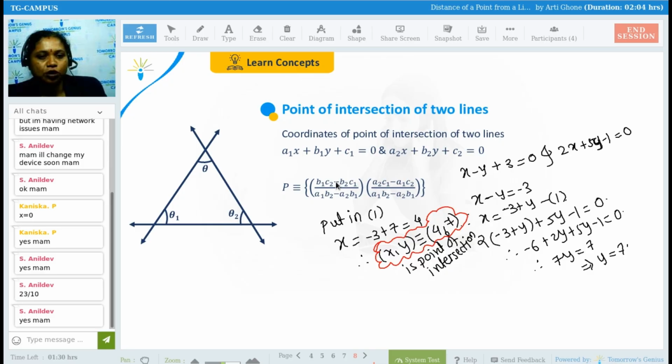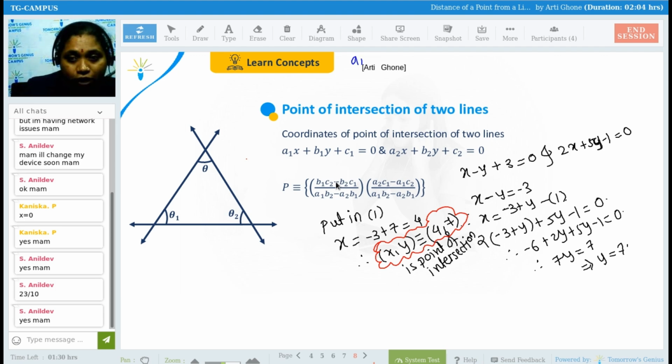See whether you are getting the same or not. If you solve two equations, you will get the unknowns x and y, the point of intersection of those lines. Simply solving the two curves always gives you that. Now, you can put this in the formula method also. Take note of the values of A1, B1, C1, A2, B2, C2. What is the alternative?